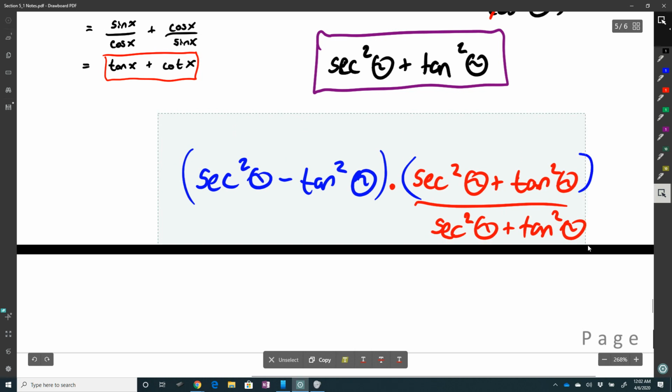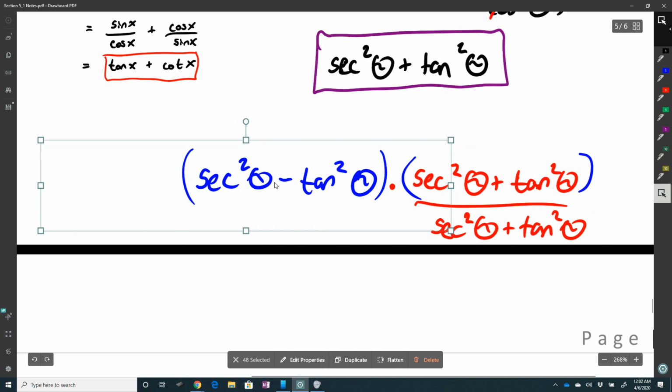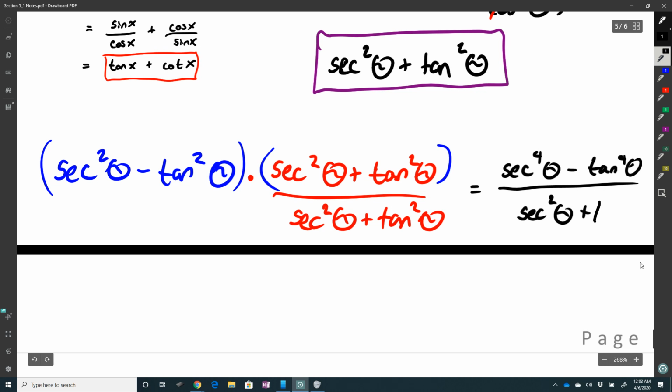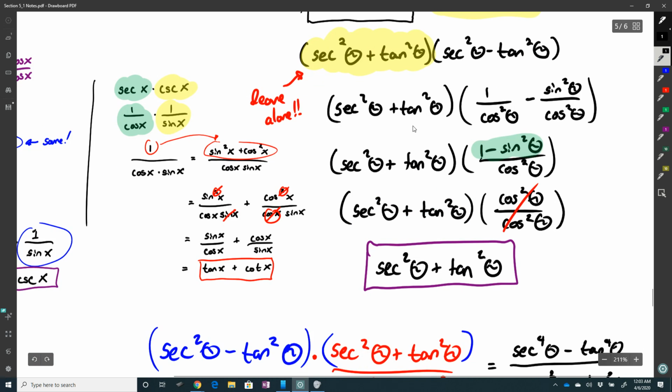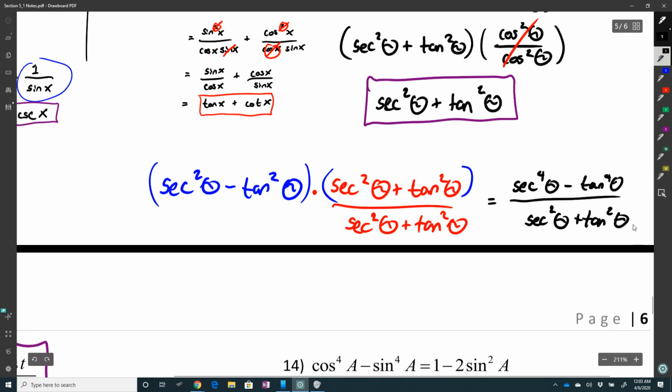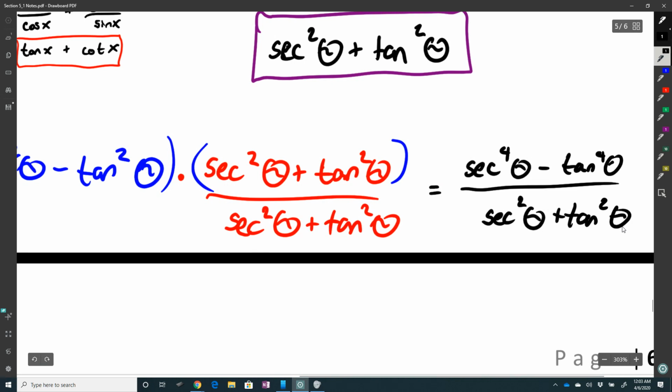And that's kind of what I got excited about, but the denominator, I was like, oh, denominator. And so if you do that, you end up with secant to the fourth theta minus tangent to the fourth theta over secant squared theta plus tangent squared theta. And so what you would notice is that you have the to the fourths, but you still have the same problem. Notice I had to prove secant squared minus tangent squared was 1. And here I run into the same dilemma.